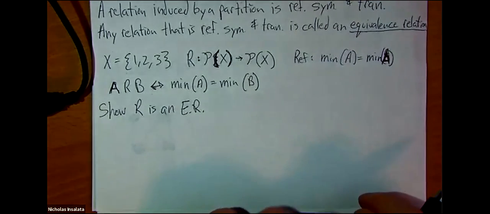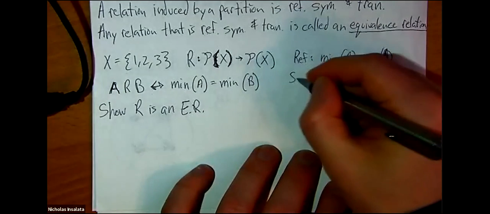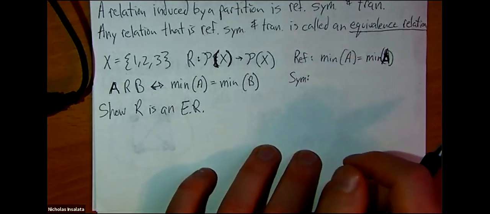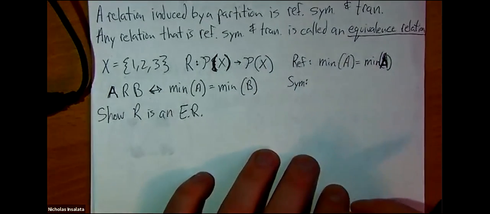Sorry, my writing got sloppy. That's reflexive. Symmetric is an equality-based relation, which is why it is an equivalence relation.